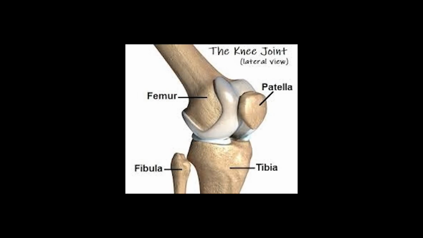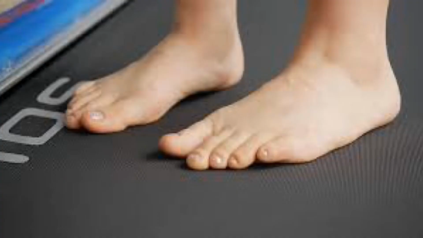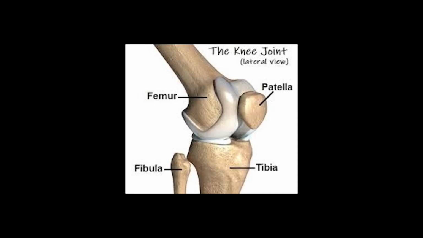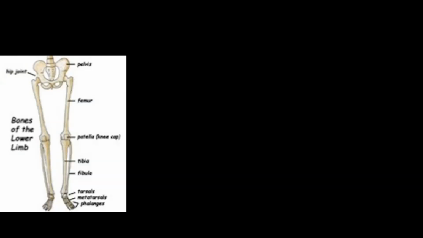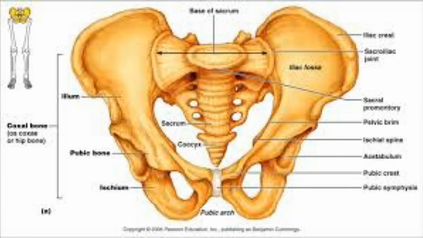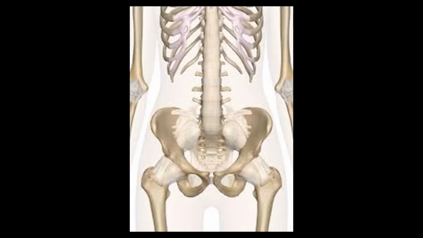The fourth bone is the small patella, which is also known as the kneecap. Many small bones make up the ankle, foot, and the toes. The upper part of the femur is connected to the pelvic girdle. The pelvic girdle connects the lower limbs to the spine.